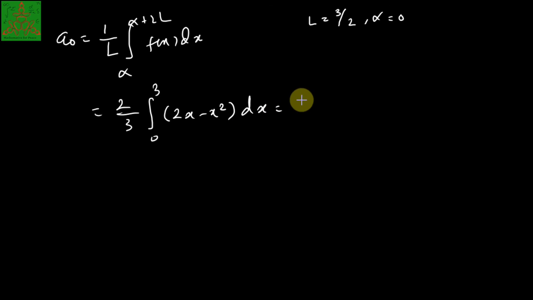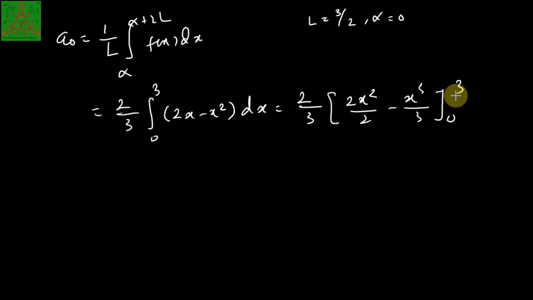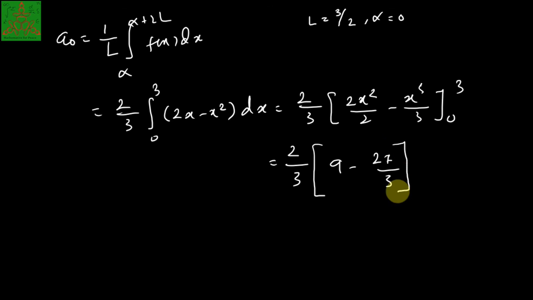If you integrate this, you will have 2x square by 2 minus x cube by 3, interval 0 to 3. If you substitute 3 here, then this is 9 minus 27 by 3. If you substitute 0, all the quantities will become 0. So this is 9 minus 9, so that's why it is 0. So a0 is 0.